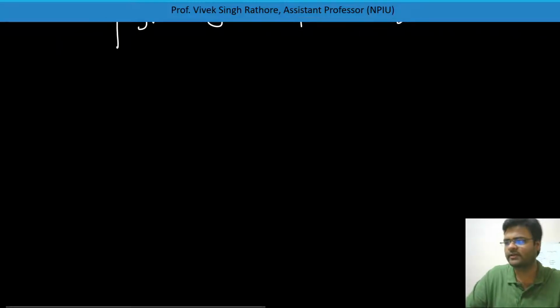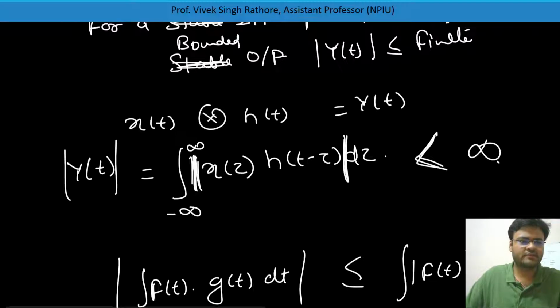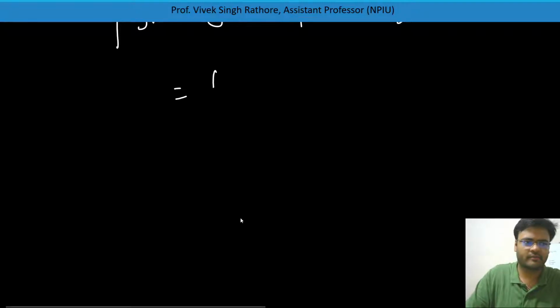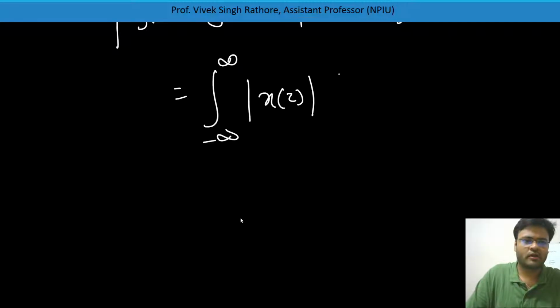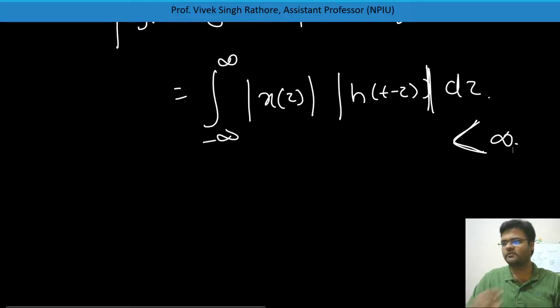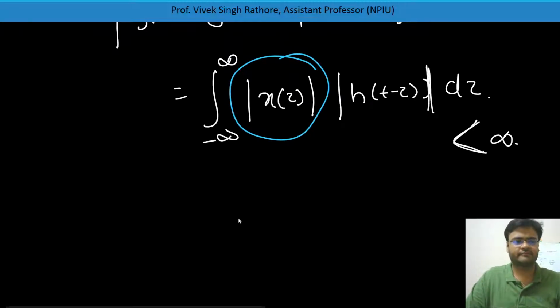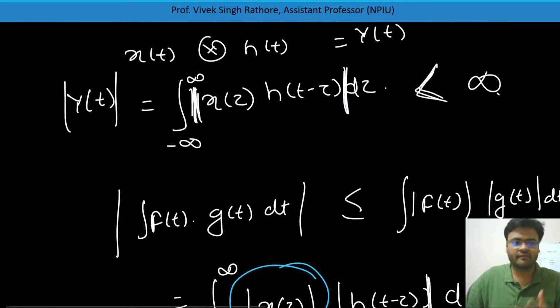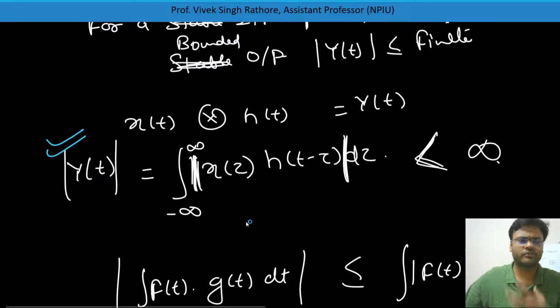I'll write it: the integral from minus infinity to infinity of the magnitude of x of tau h of t minus tau d tau should be less than infinite. This we now know. If this is finite, and for a finite input we get a finite output, then that system is stable.